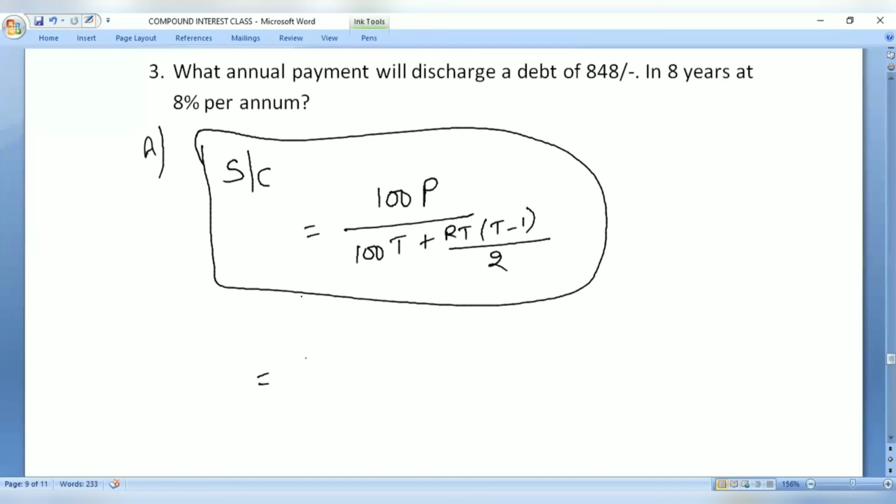So now we know the principal, that 848 rupees is what we have borrowed. The time period is given, that is 8 years, and the rate of interest is given to us as 8%.